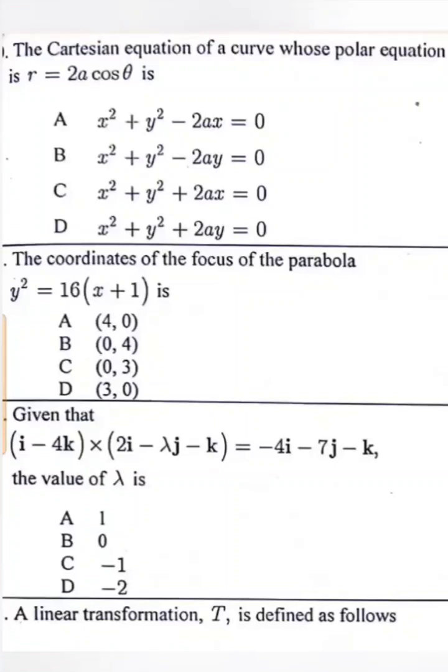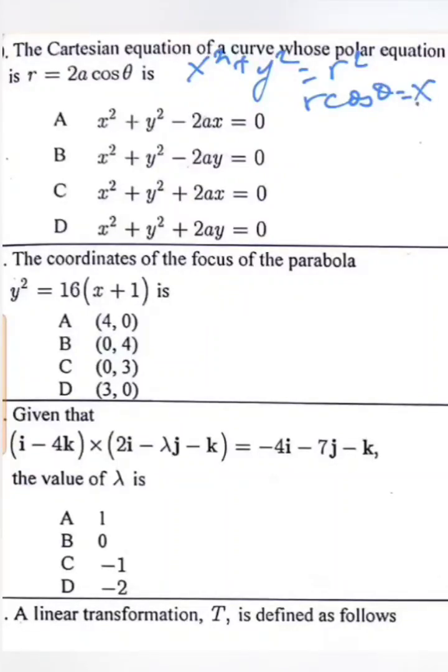In number 10, we have the Cartesian equation of a curve whose polar equation is r equals 2a cos theta is, and we have these options. So generally, x squared plus y squared equals r squared in the polar system, and r cos theta equals x in that system.